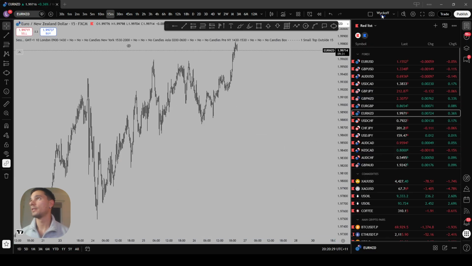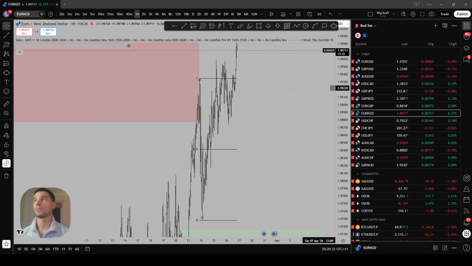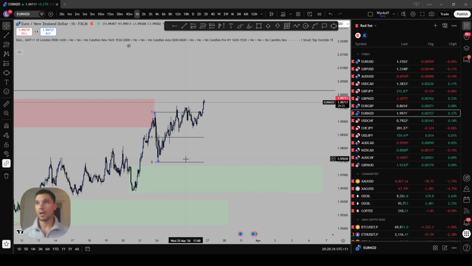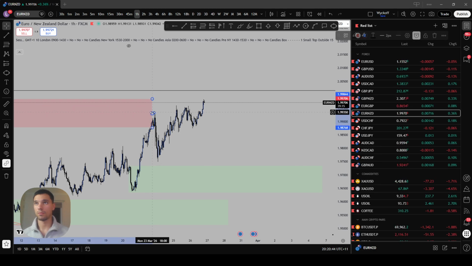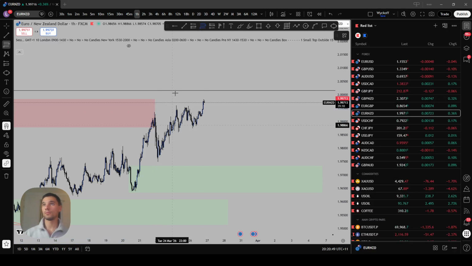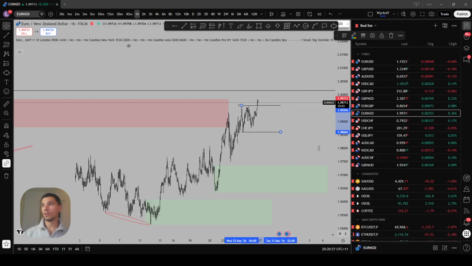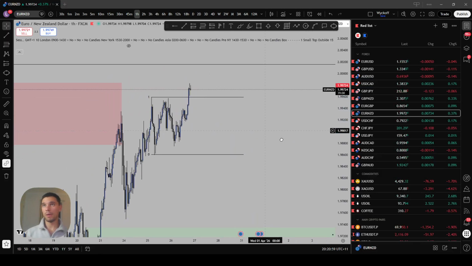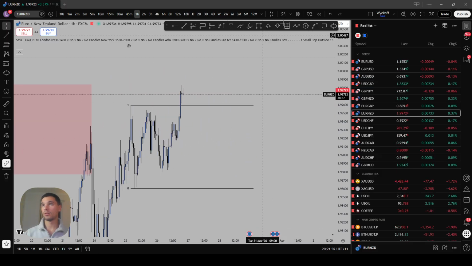Let's have a look at Euro NZD. I'm no longer liking this, and this will be my new range pull. Where I would like price to come back in to mitigate this demand, whatever is left of it.